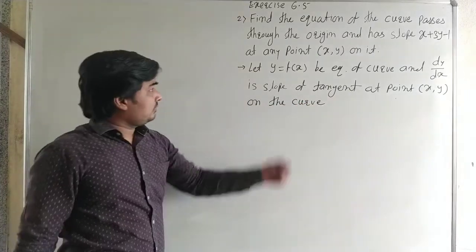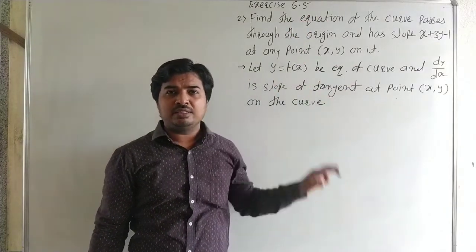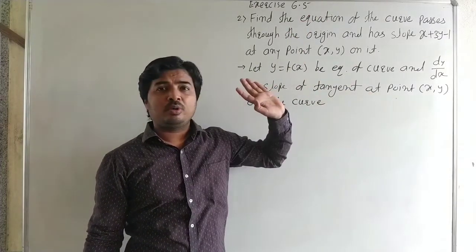Here y is equal to f of x is the equation of the curve, and dy by dx is the slope of the tangent at point x comma y.